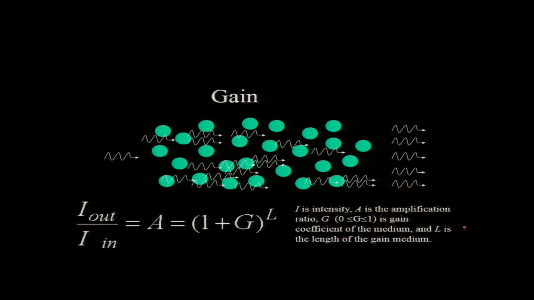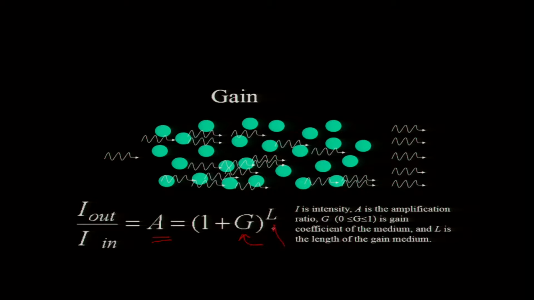Now, the other very important thing in this process is to have it go on and have a gain as we continue. So, here is the principle. Here we have the incident intensity going in and the output intensity going out. As long as there is an amplification factor A, then we can say that there is a gain associated with this process.